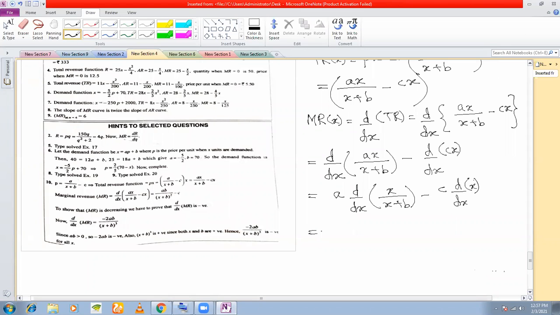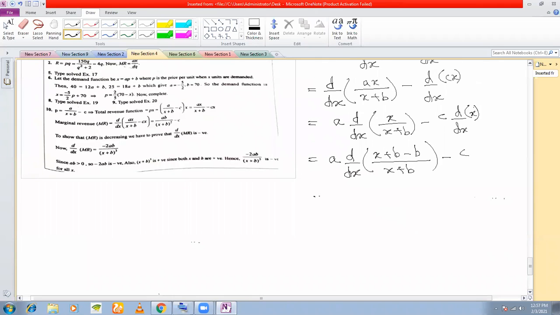Now how do you differentiate this one? You can differentiate X by X plus B by the u by v rule, no problem. But you see that the X plus B is there in the denominator. So what you do here is the numerator, you write this as X plus B minus B, divided by X plus B, understood? Minus c, which is a.